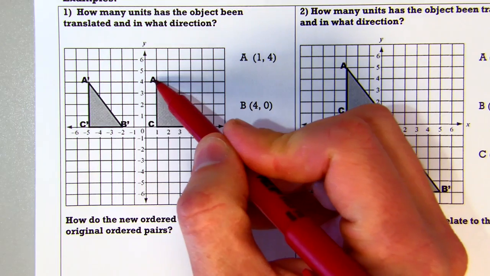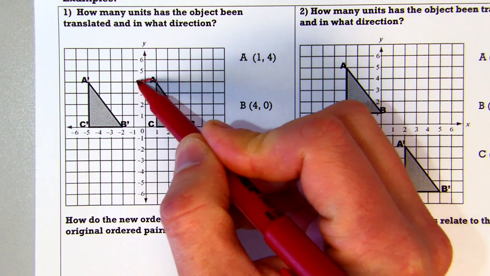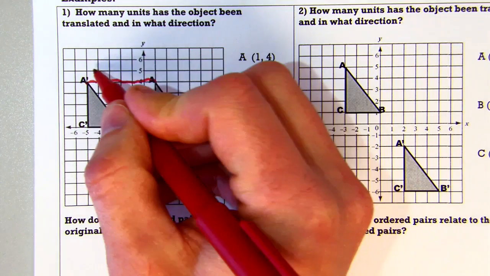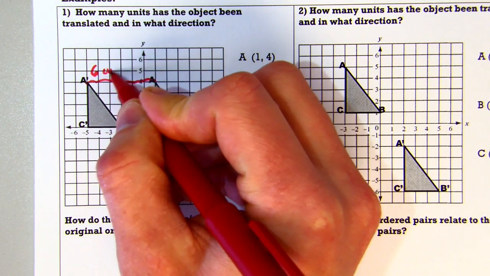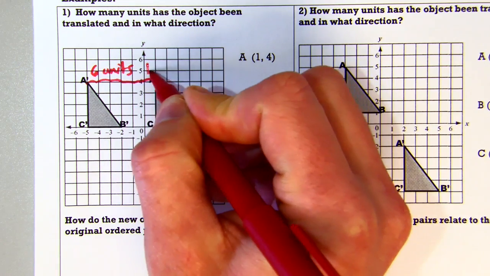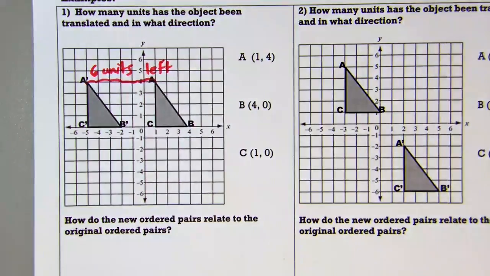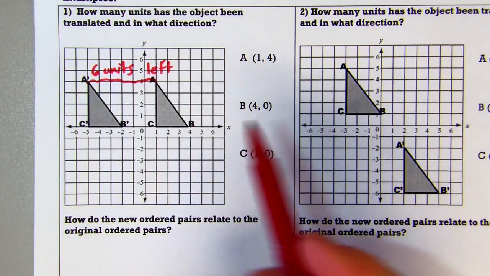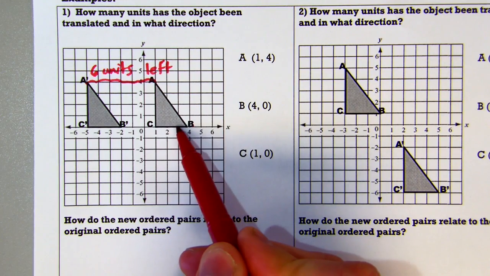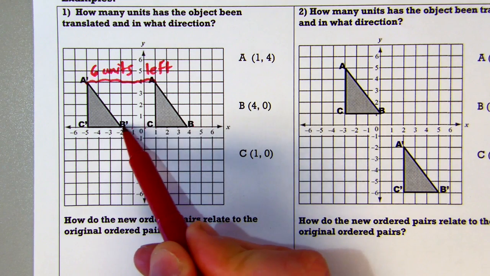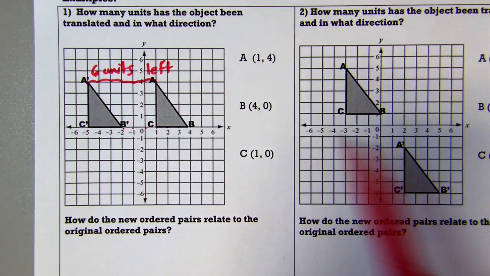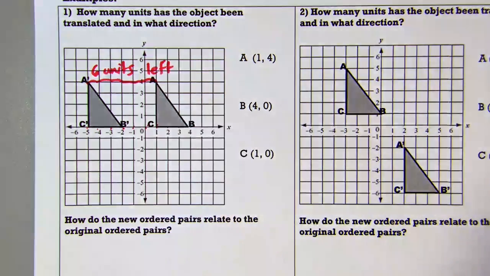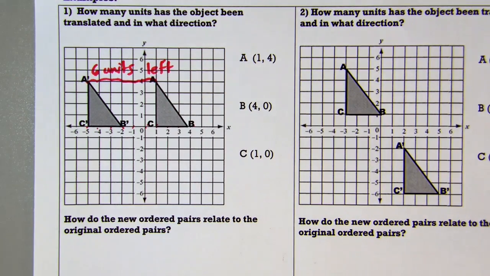So we can go from A here, and we go 1, 2, 3, 4, 5, 6. It went 6 units left. We can also look at our other ones. B goes the same: 1, 2, 3, 4, 5, 6. Went 6 left. And C as well: 1, 2, 3, 4, 5, 6. So everything goes 6 left.